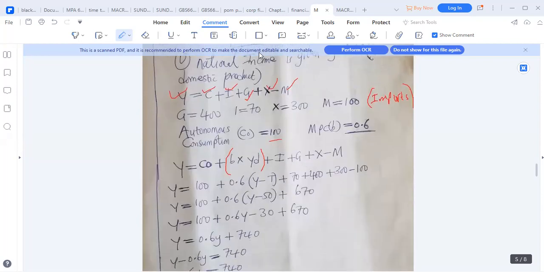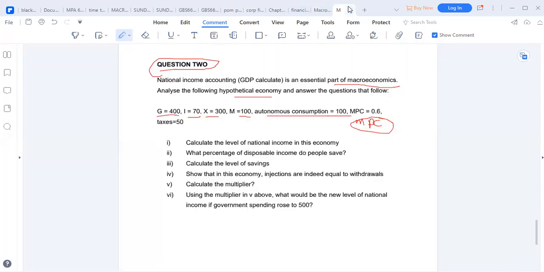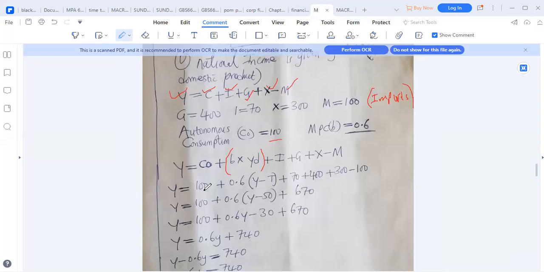So the first question requires that we calculate the level of national income in this economy, given this information. So we are going to have 100. The B is what we have. The disposable income is Y minus the taxation. The tax, our T, was given as 50.